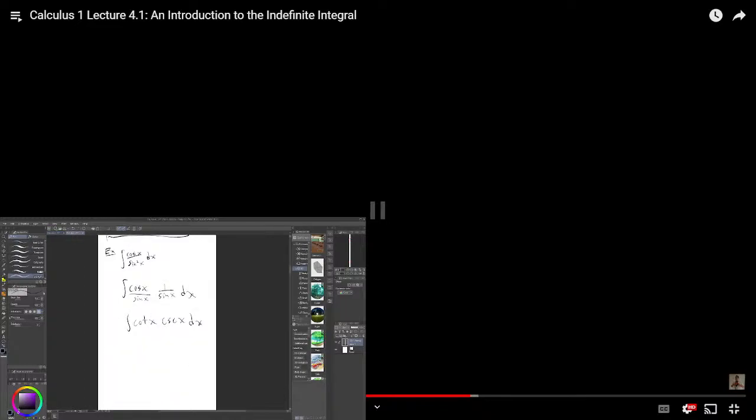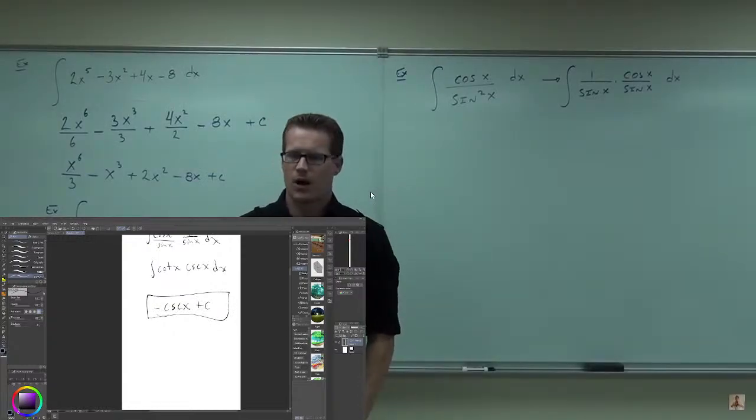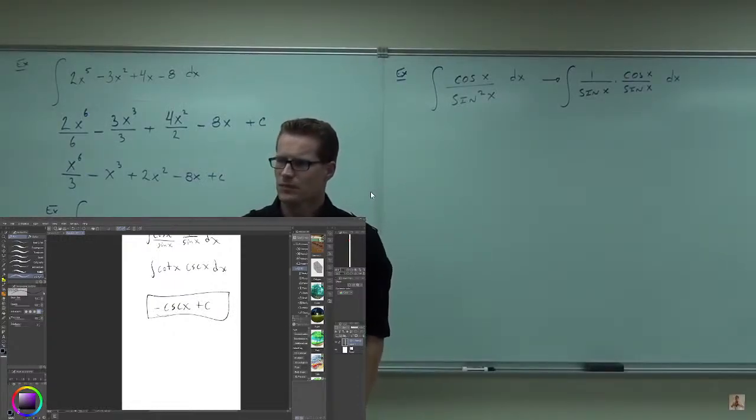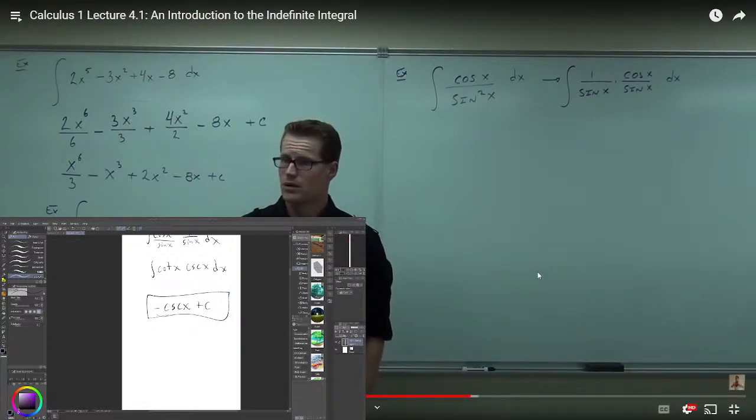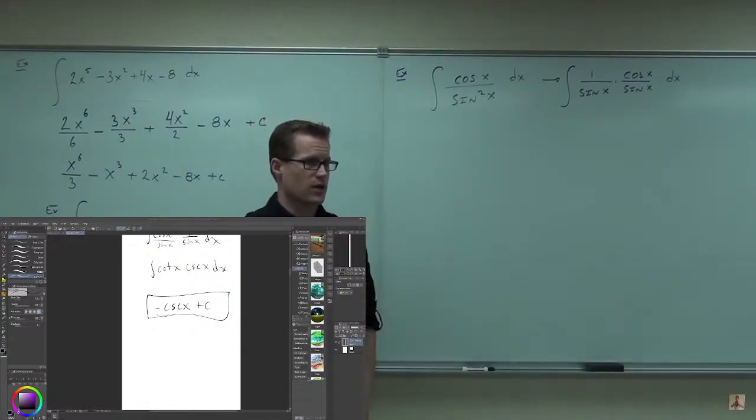And that is on the integration table, isn't it? Yeah, it's negative cosecant x plus c. Are we okay on that one? Do you see it's legal to do? That's still cosine x over sine squared x, right?